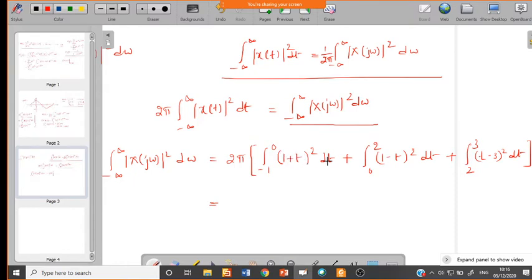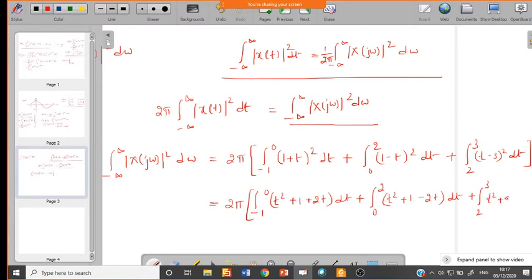By evaluating these integrals, what you will get is 2 pi into, from minus 1 to 0, t square plus 1 plus 2t dt, plus from 0 to 2, t square plus 1 minus 2t dt, plus from 2 to 3, (t minus 3) whole square, which is equal to t square plus 9 minus 6t. So expand this and write it like this.